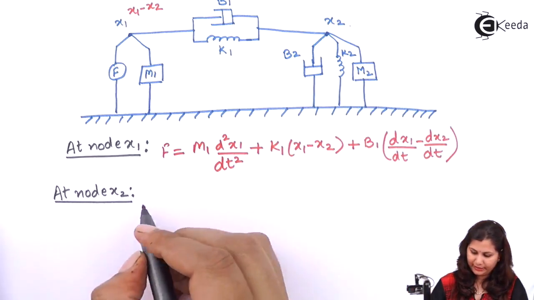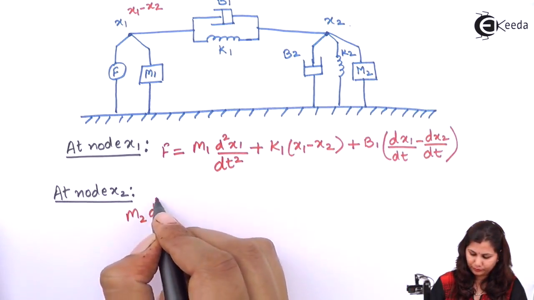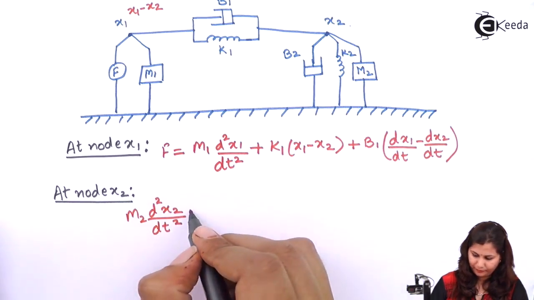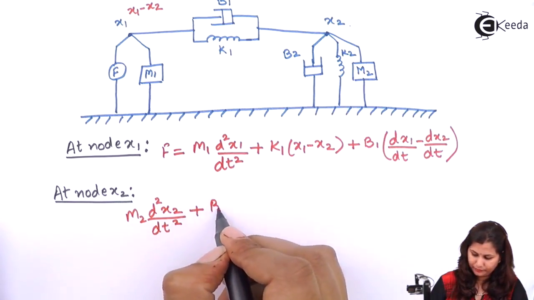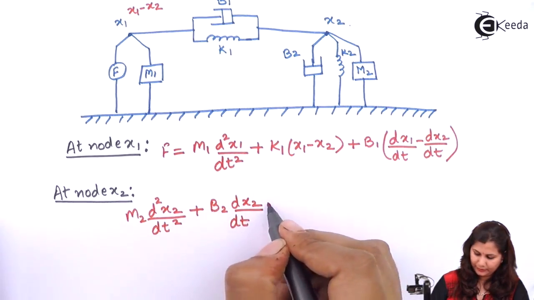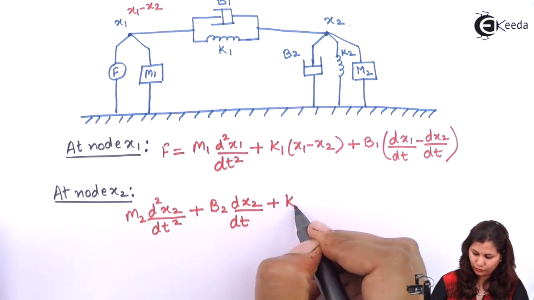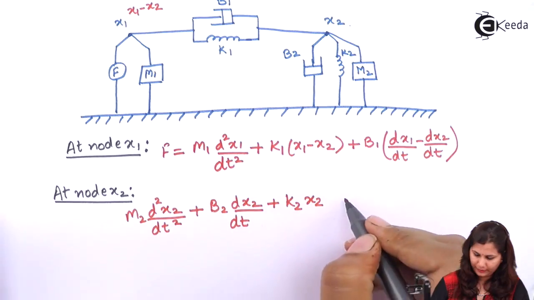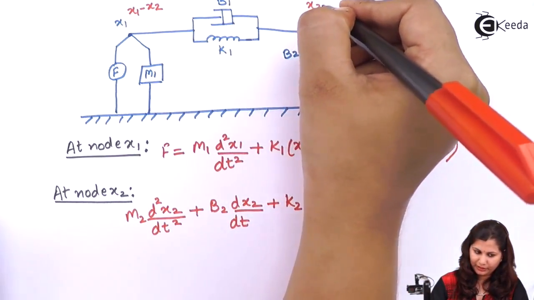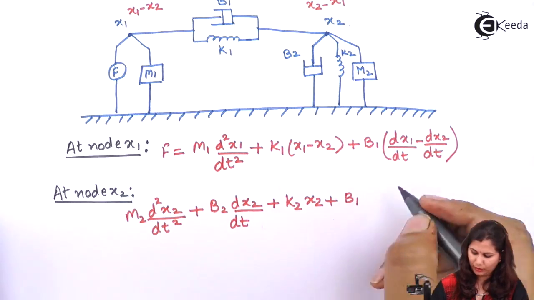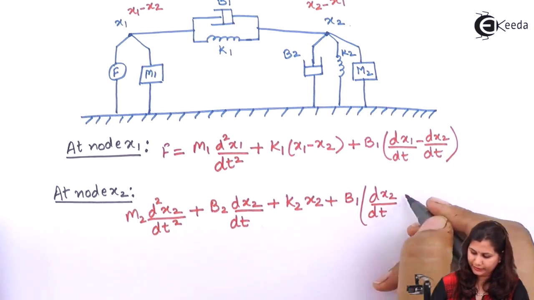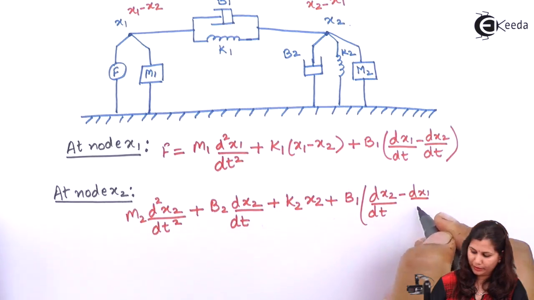So we write M2 d2x2 by dt square plus B2 dx2 by dt plus K2 x2 plus B1, which is influenced by the difference x2 minus x1, so dx2 by dt minus dx1 by dt.